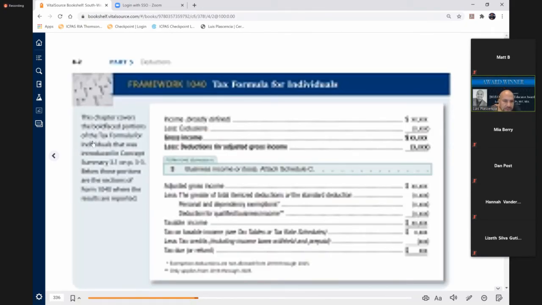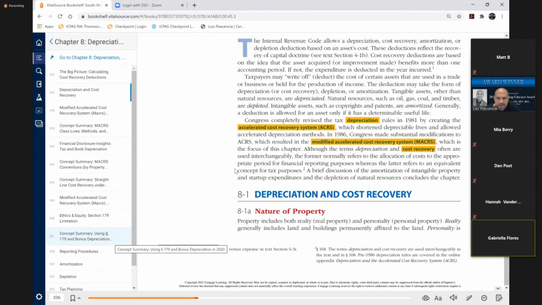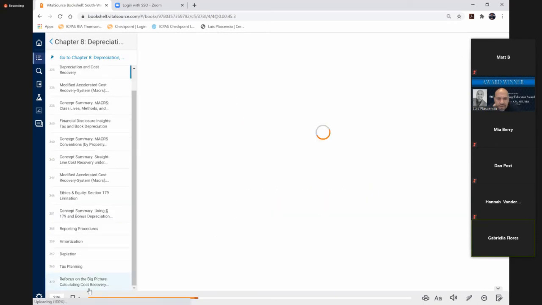It's in here. Maybe it's at the end. Can you check page 833?